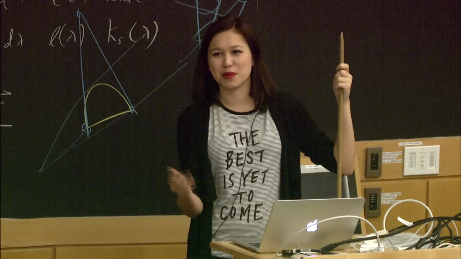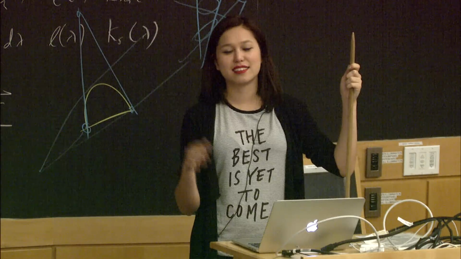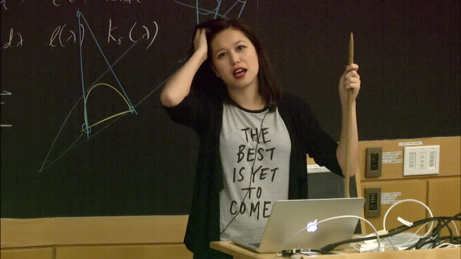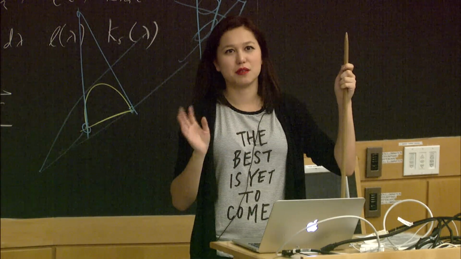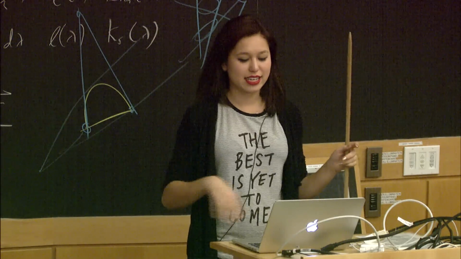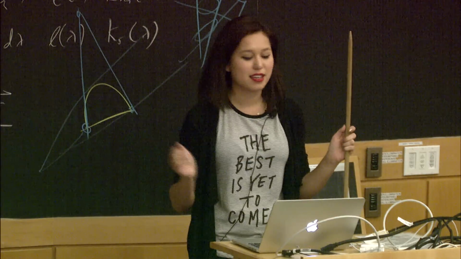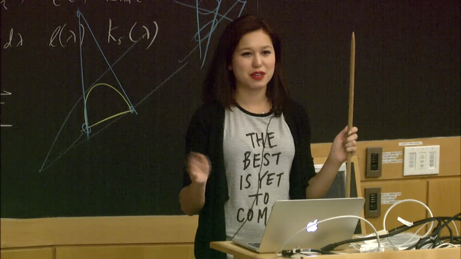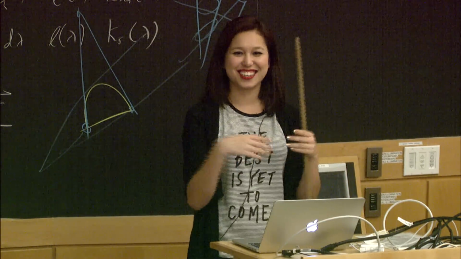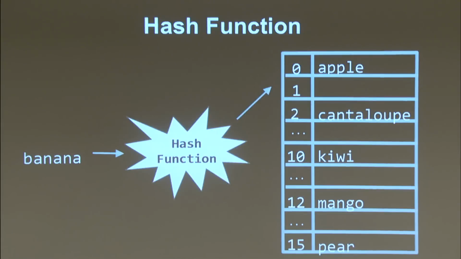But there are also simple ones, like computing the sum of the word, where each letter has a number, and the sum determines the bucket. There are also easy ones like all of the A's here, all of the B's there. Basically, it just tells you which array index your element should go into. Just deciding the bucket. That's all a hash function is.